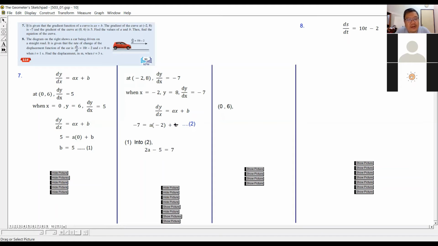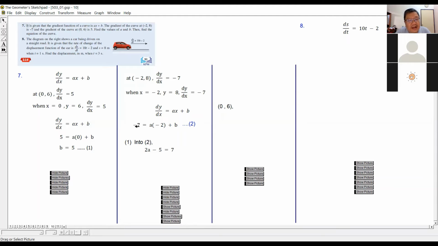I substitute inside here. Okay, so the -2a I bring to the other side, so it becomes +2a. The b, which is 5, I bring over to the other side, it becomes -5.